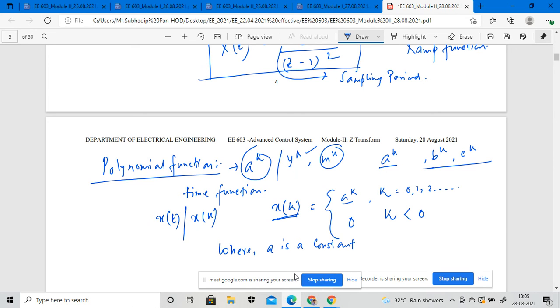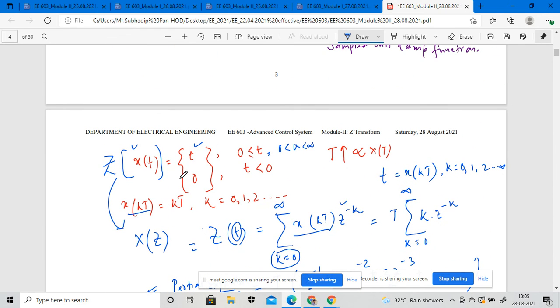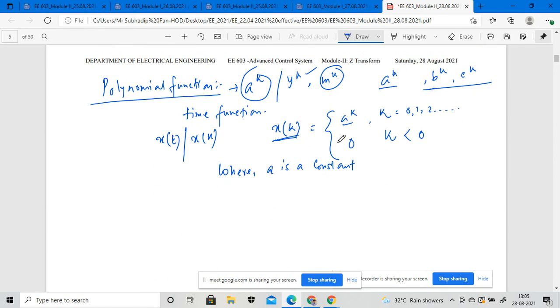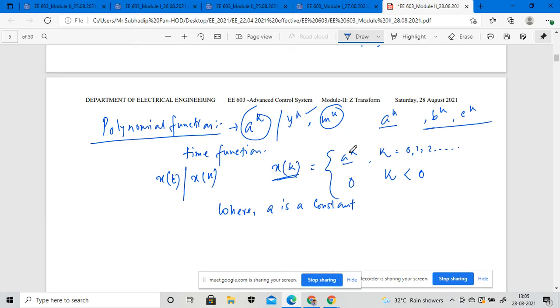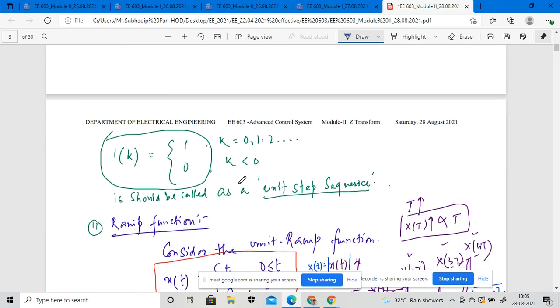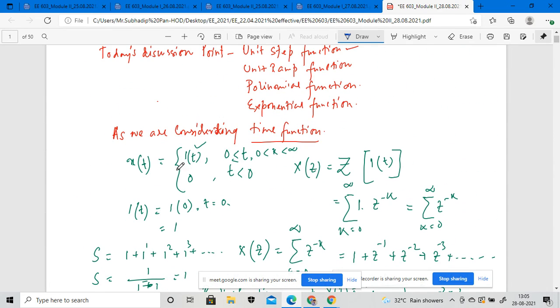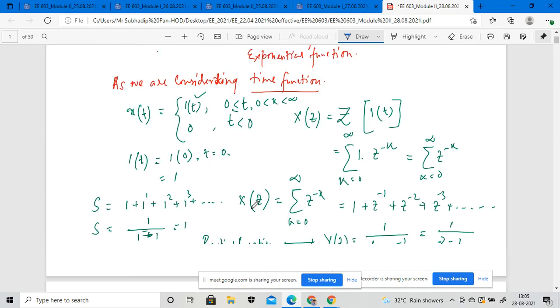Okay, so if I apply the z transformation to this particular polynomial function, there will be some difference between the polynomial functions and the step functions. Here we consider one constant term a having values of k, but in the ramp function and the unit step function we do not consider this type of equation.